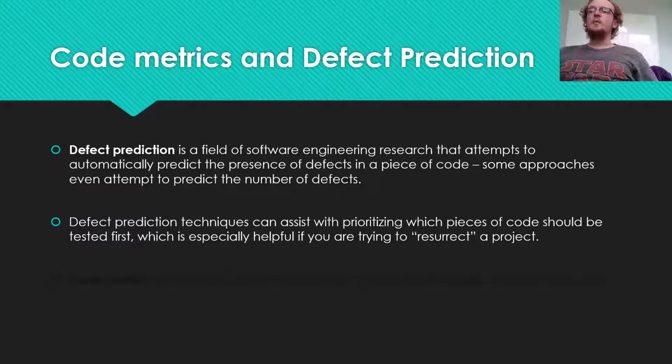So what you want to do is use defect prediction either when you are just starting off a project, or if you're trying to bring a project back from the brink. A lot of times what will happen is you will get added to a project that's in flight.